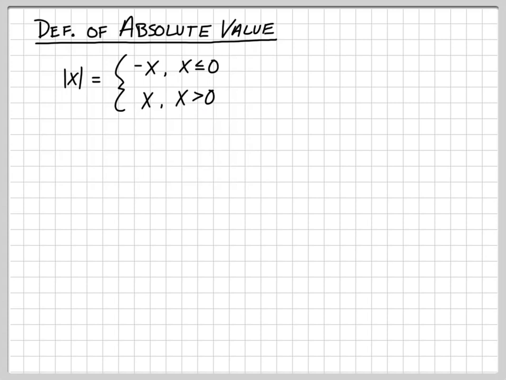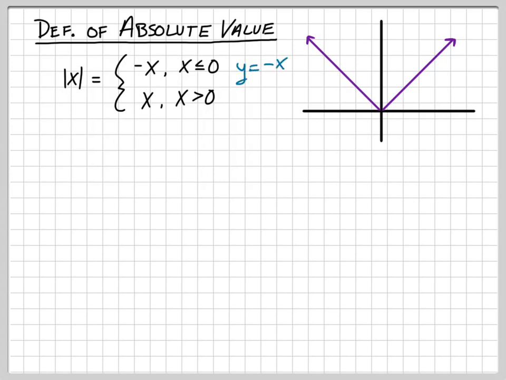What does that mean? Well, let's sketch the graph. So I know it makes this V shape. When we say negative x, that's really just like y equals negative x. So this line right here, negative x would be this one.